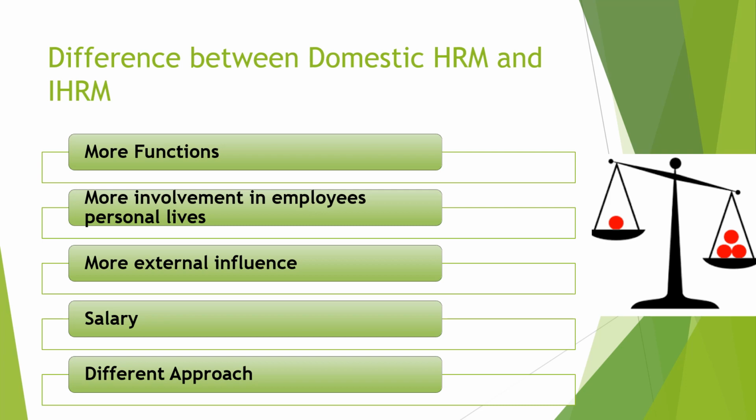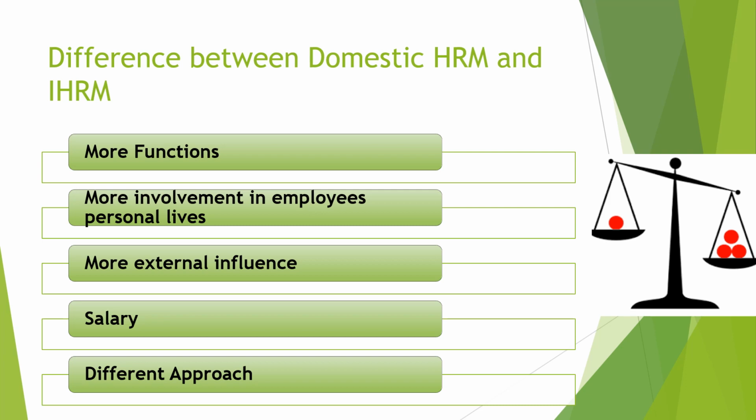Next is more involvement in employees' personal lives. Why is there personal life involvement in IHRM? When a person goes abroad for work, the organization has to find a house and adequate schools for his children in the host country.